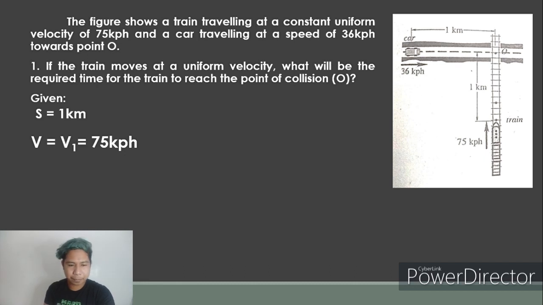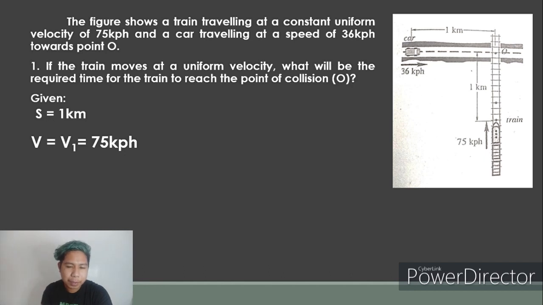Bakit siya equal? Si problem na rin mismo ang nagsabi, a train is traveling at a constant uniform velocity. Constant uniform velocity. Ibig sabihin, hindi nagbabago yung kanyang velocity. Walang nangyaring acceleration doon sa kanya.